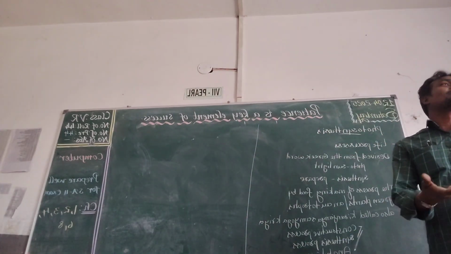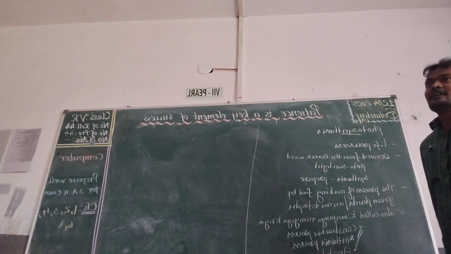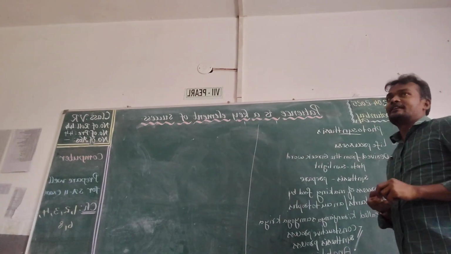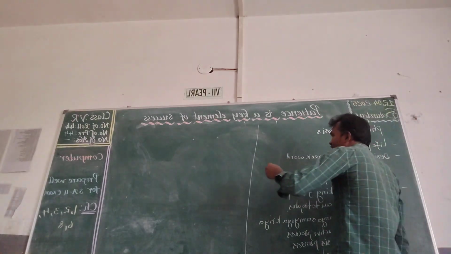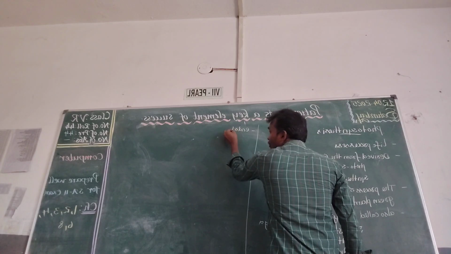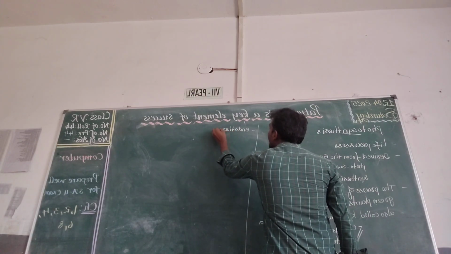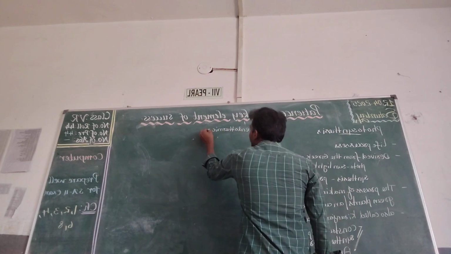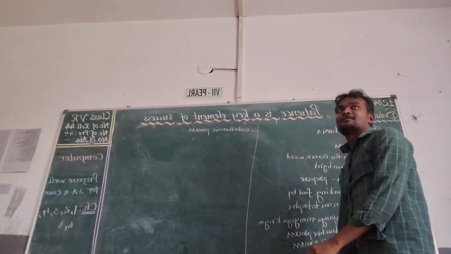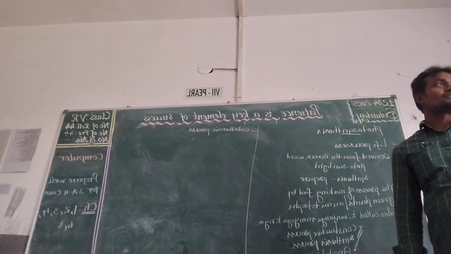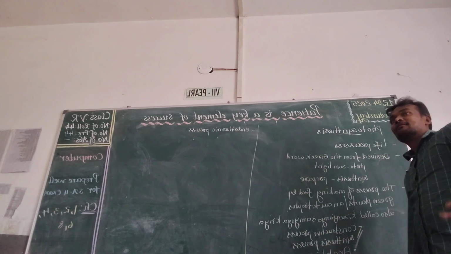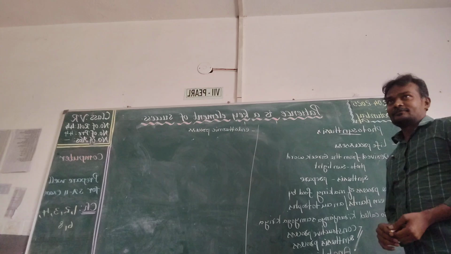Endo means inside, thermic means energy. So green plants use energy for synthesis of food material. Because of that, it is also called endothermic process. So these are the synonyms of photosynthesis that we studied in class 5th, 6th and even 10th class too. Isn't it?